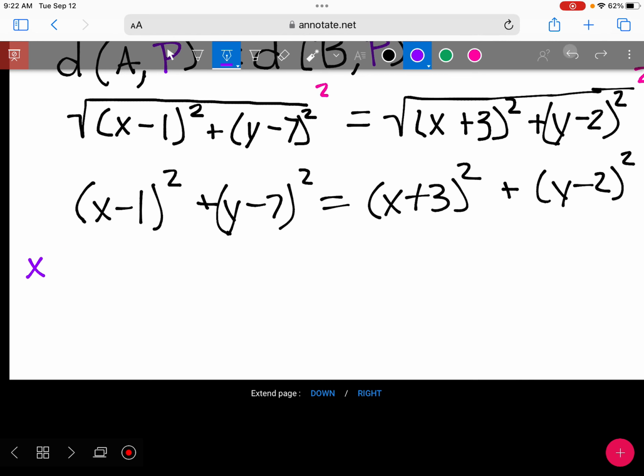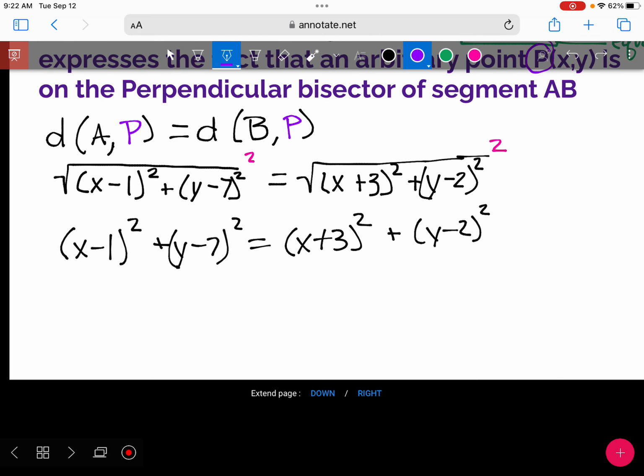Yup, gotta write it down. So square out all the pieces. Multiply them out.